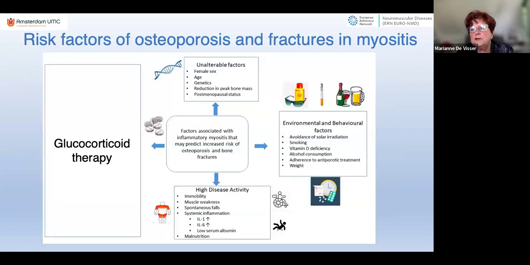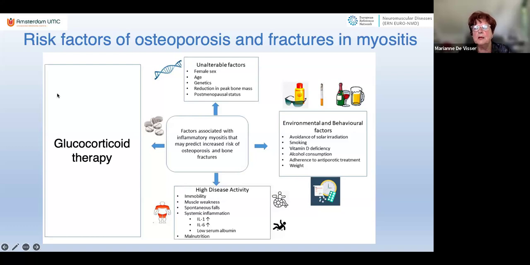Here you see the risk factors of osteoporosis and fractures in myositis. Of course, there are unalterable factors. Female sex is more inclined to have osteoporosis, elderly people, etc. And glucocorticoid therapy, that's what we all know.